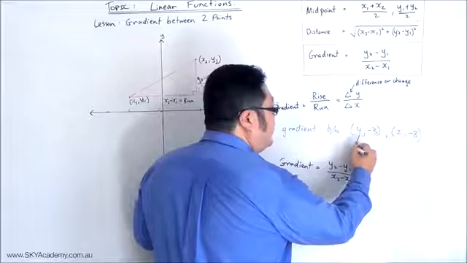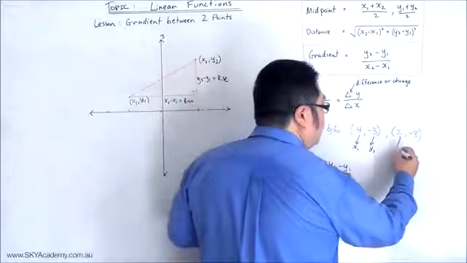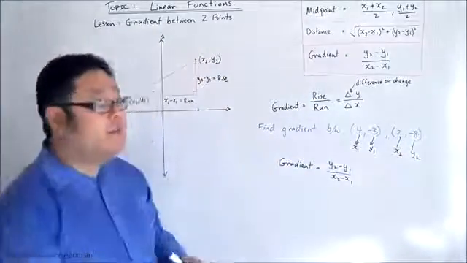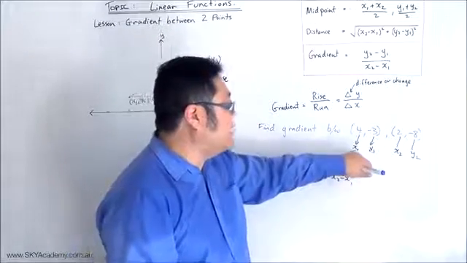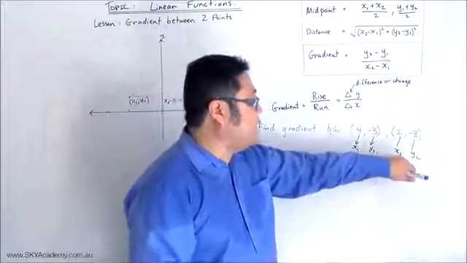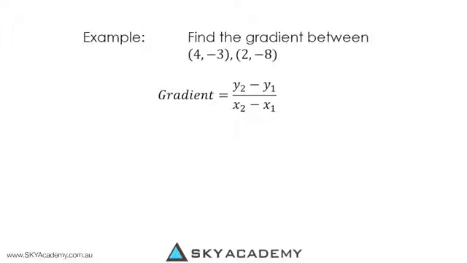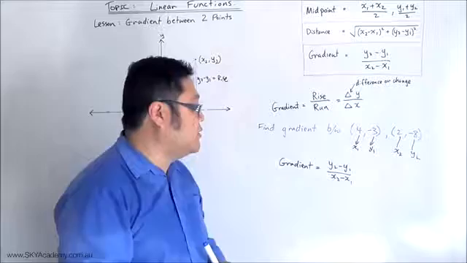This one would be x1, this one would be y1, this one would be x2, this one would be y2. And again, it doesn't really matter whether this is x2, y2 or this is x1, y1, alright? The gradient between 2 points would still be the same whether we chose one point to be the first and the other point to be the second, or the other way around. The gradient would still be the same.